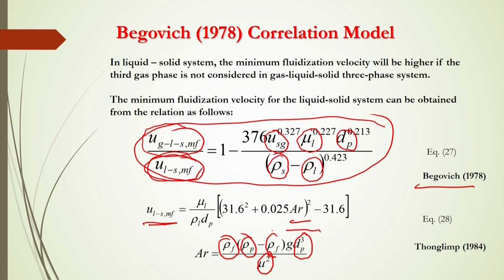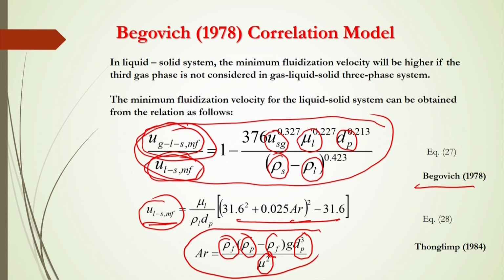So, once you know this Archimedes number, you can obtain this minimum velocity in case of liquid and solid system, and if you know the minimum velocity in case of liquid and solid system, you can substitute here, and also with the other variables, you can get the minimum velocity of gas liquid solid fluidization from this equation 27.